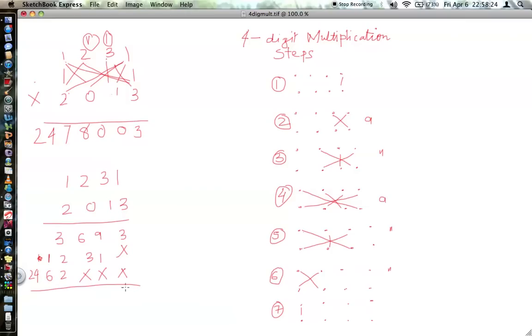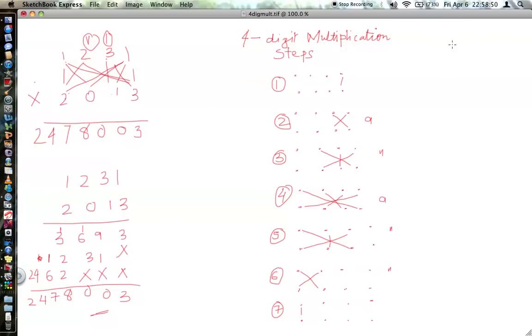You add them, so you have 3, 9 plus 1 is 10, with a 0 with a carry 1. Again 10, 0 with a carry 1. You have 3 4 5 6 7 8. This is 6 plus 1 is 7, and 2 4 7 8 0 3. So this verifies the quick way of multiplying numbers.